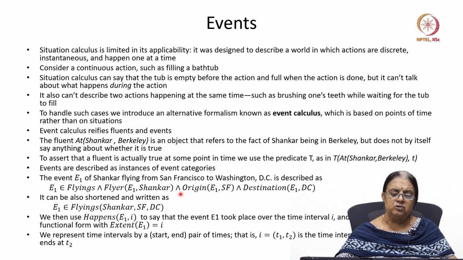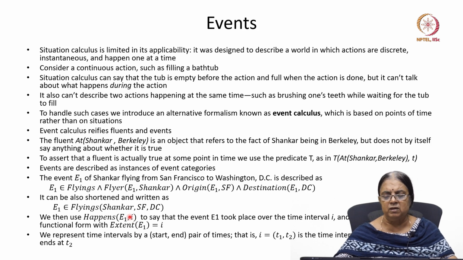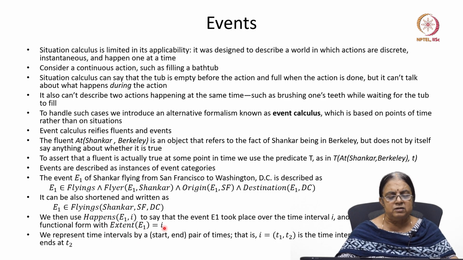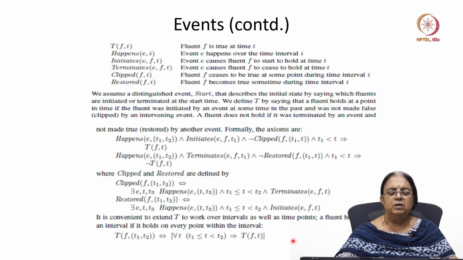And you can use things like Happens(E1, I), the event happening in a time interval I. The extent of E1 is equal to I, and I is represented by the time interval which gives the start and the end time. So I is equal to (T1, T2), where T1 is the start time and T2 is the end time. So we can define all these things.